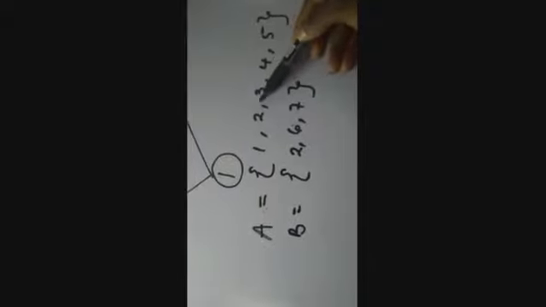Now, looking for the union between these two sets, set A and set B. How do we find the union of these two sets? Very simple. Combining these two sets and bringing them to one entity. Now, how do we combine the two sets?